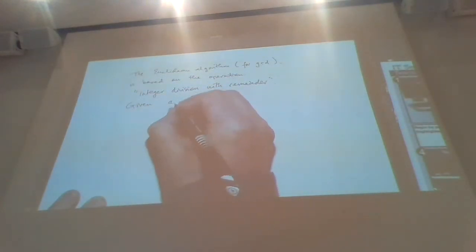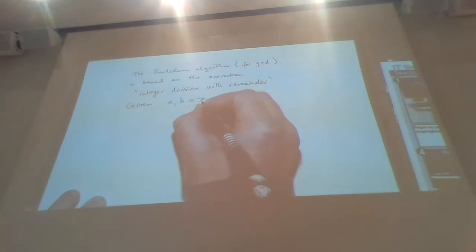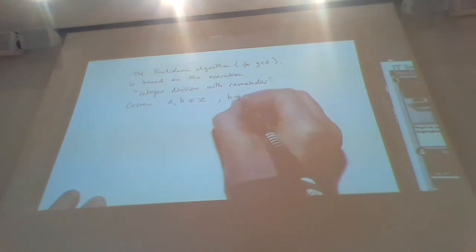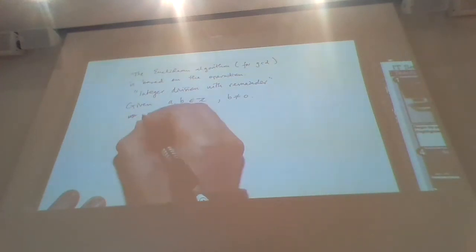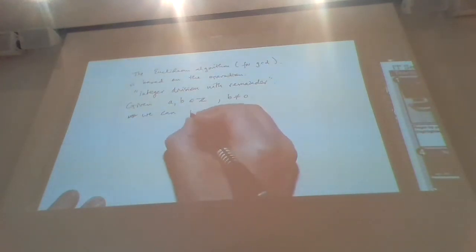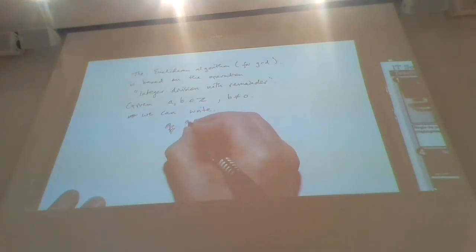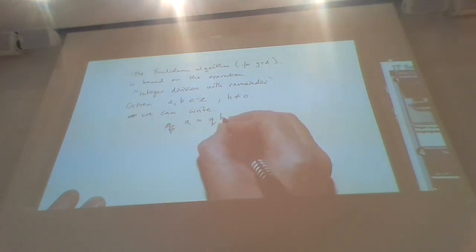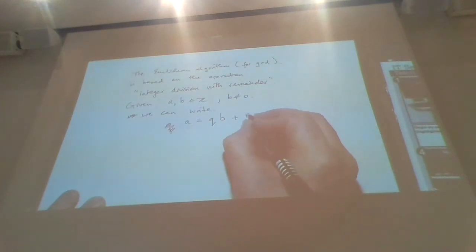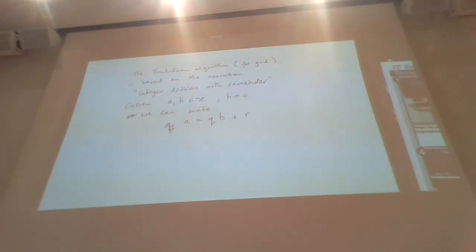So given any pair of integers A and B, as long as B is non-zero, we can write A as some multiple Q times B plus a remainder R, and we can do this in an exactly unique way.